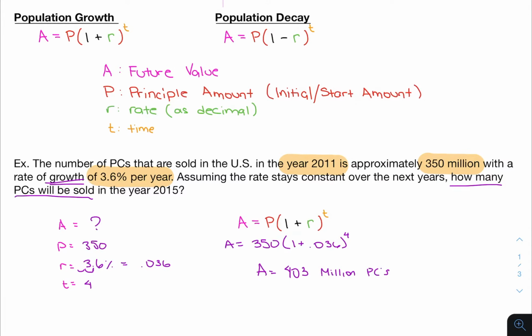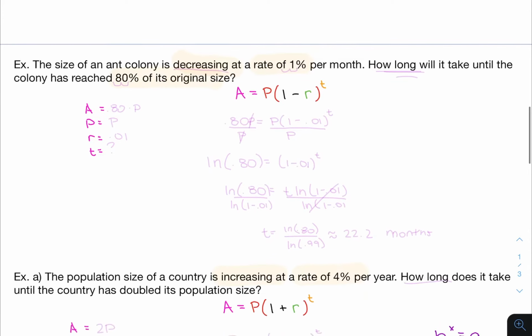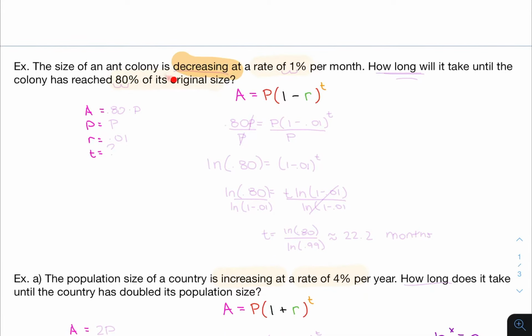Okay, so in the next one, we have that the size of an ant colony is decreasing at a rate of 0.1 per month. How long will it take until the colony has reached 80% of its original size? Since the question is asking how long will it take, we are looking for time.